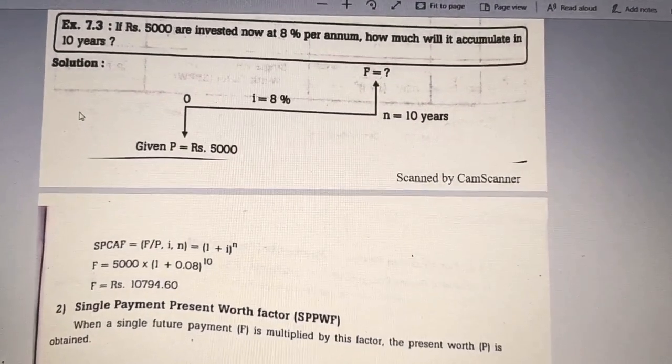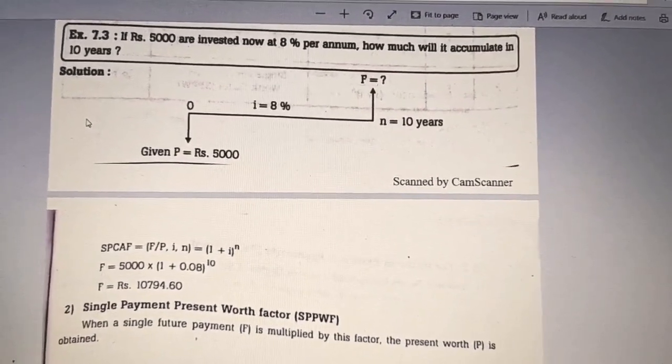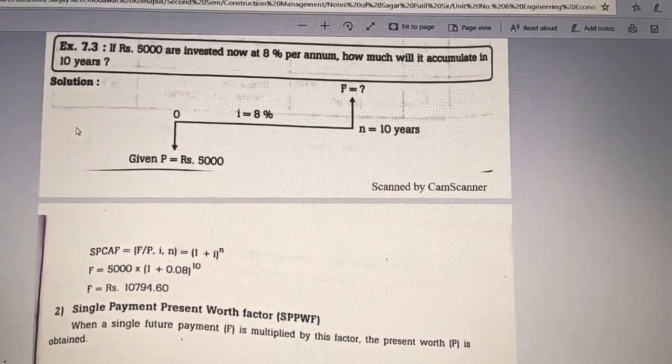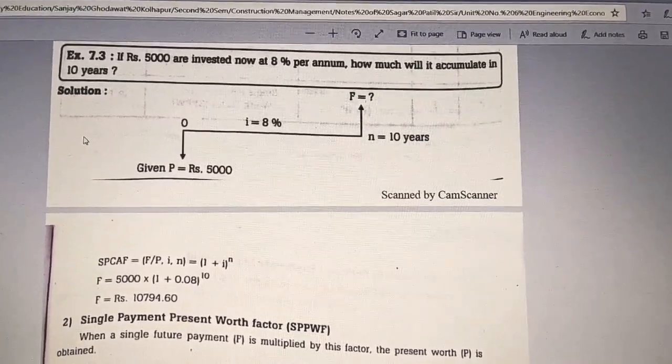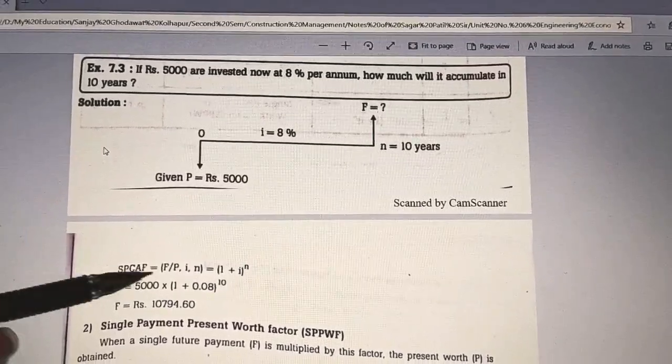Present worth means the amount which I am interested to invest in a certain organization today, that is being represented as P here.